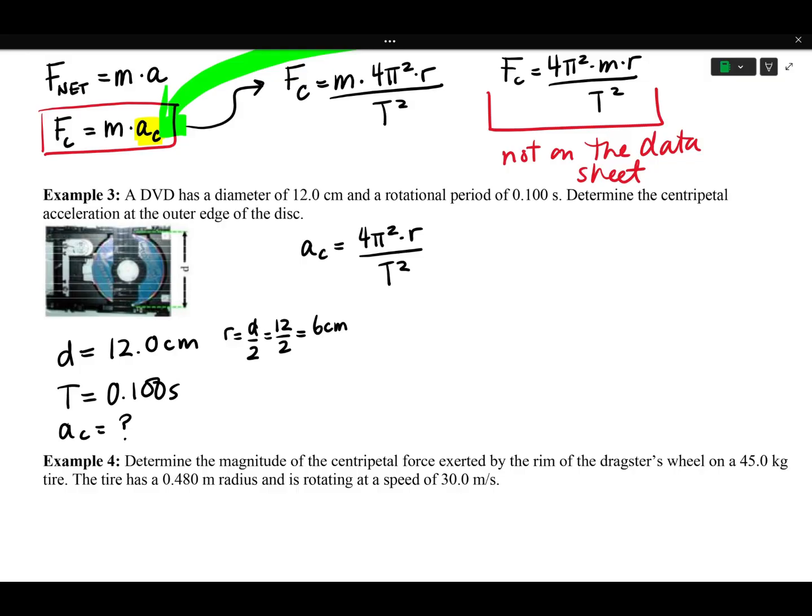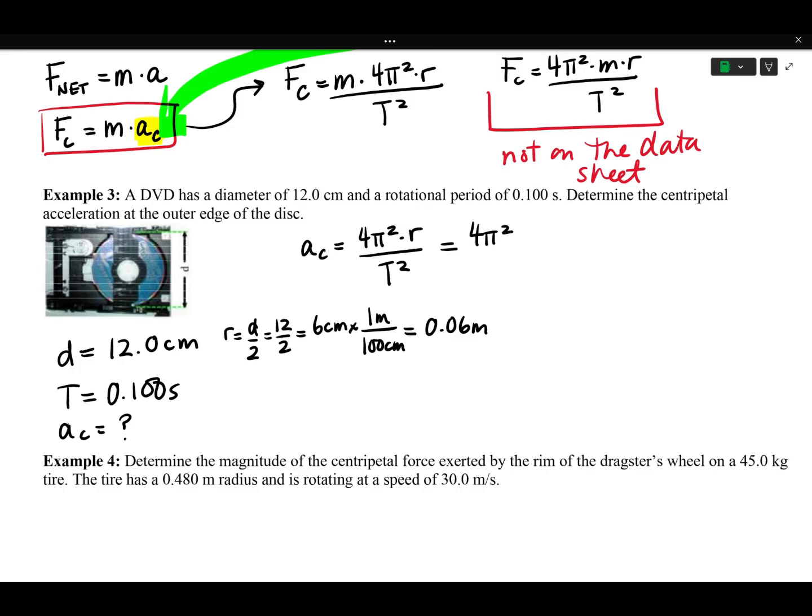So acceleration always has to be in meters per second squared. So if I take my 6 centimeters, in 1 meter there's 100 centimeters, so that's going to give me 0.06 meters. I can now plug in the information.